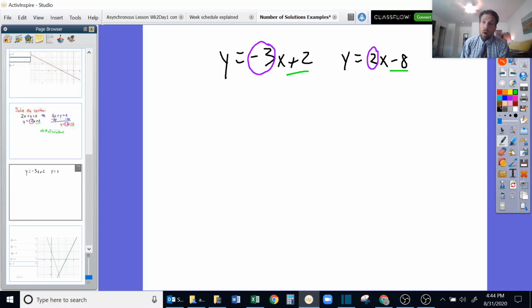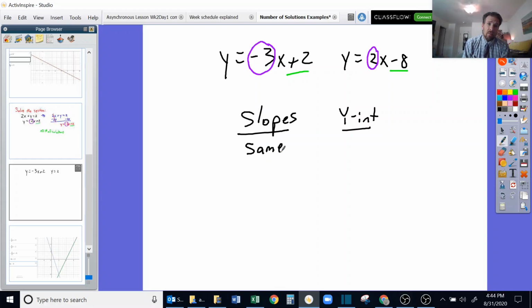So to recap all of the examples, if we look at the slopes and the y-intercepts of the two equations that were given, if the slopes are the same, but the y-intercepts are different, this is the case where we have parallel lines.